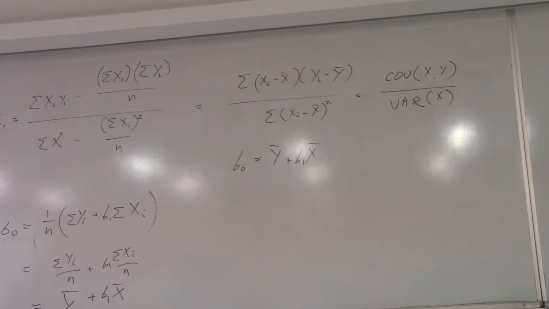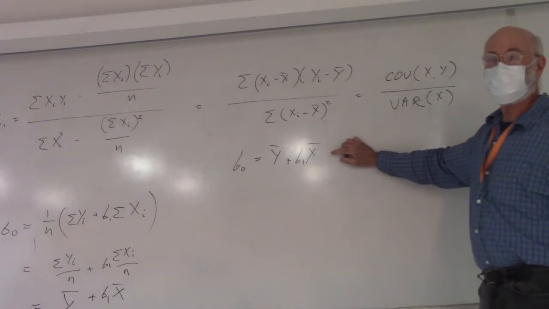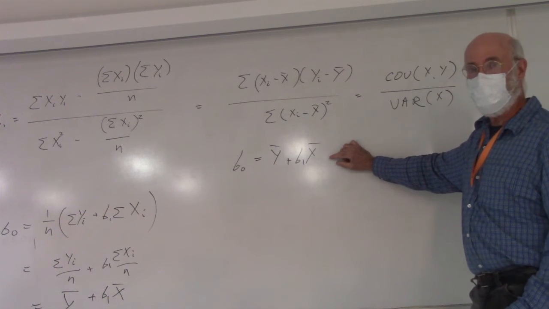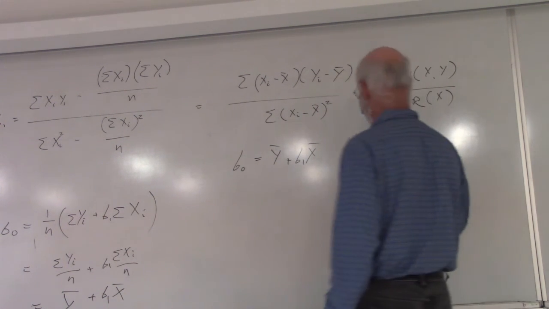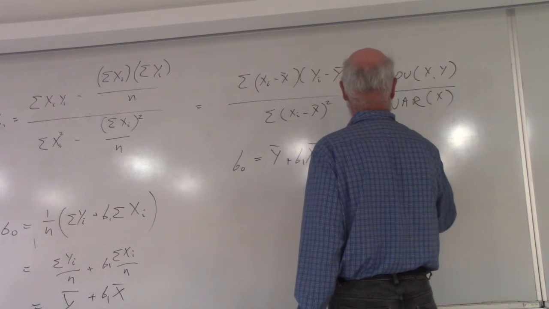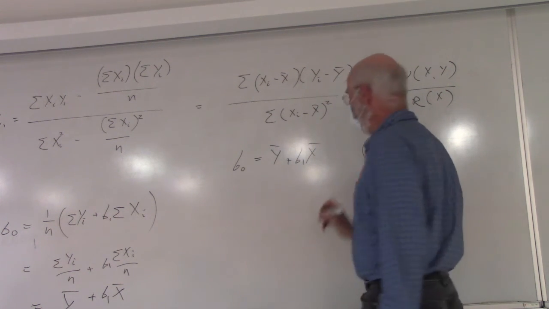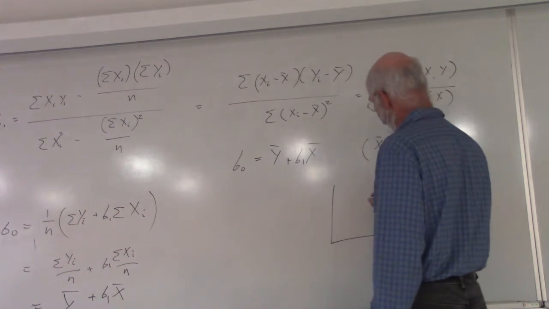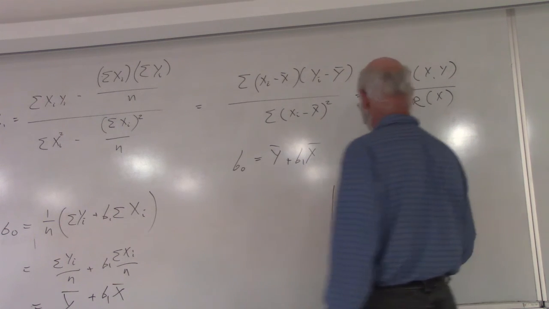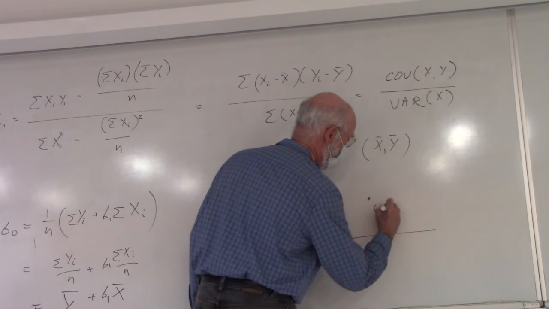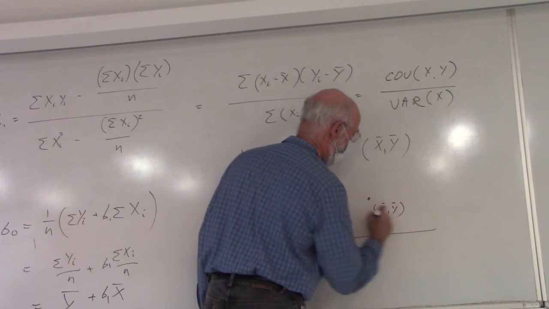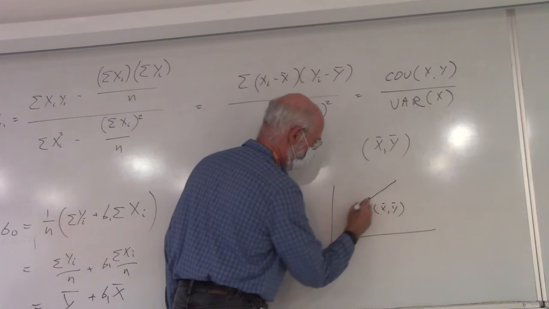So the best intercept, what this is telling you is that a solution to your line is the point x bar comma y bar. In other words, you know that your line is going to go through that point, x bar comma y bar. There's your line.